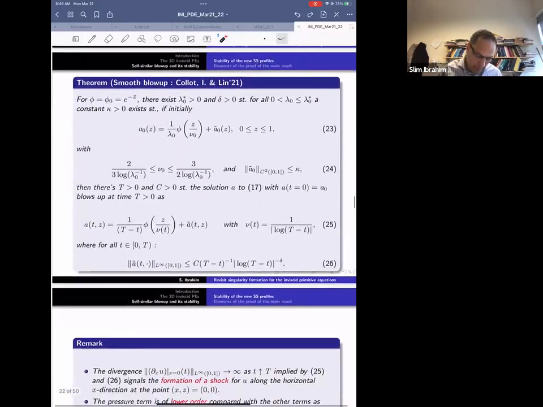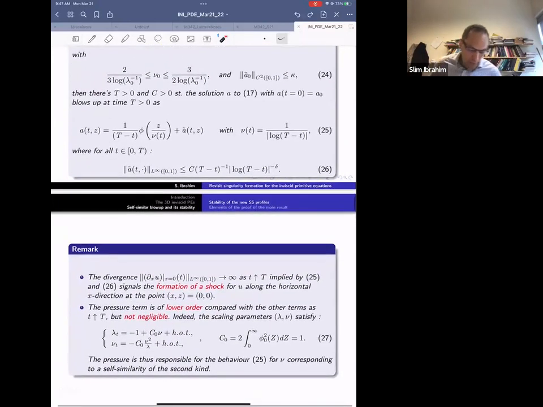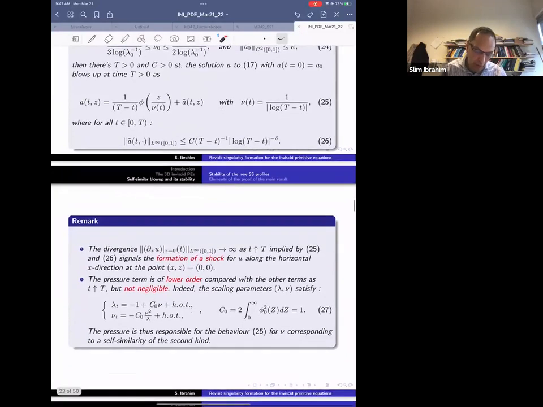So this tells us about the 2D primitive equation that this quantity at the axis, when you restrict it to x equal to 0, blows up. And this indicates formation of a shock, and the shock happens exactly at the point (0,0), at the boundary.